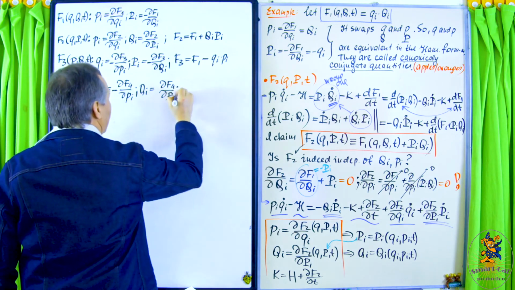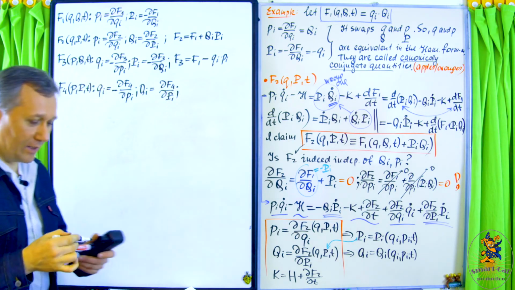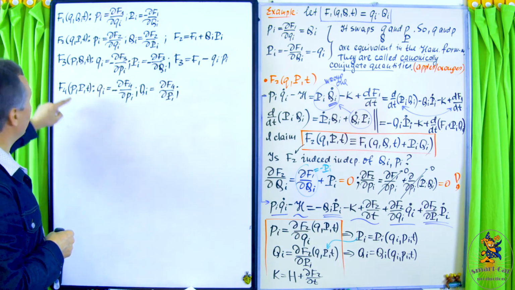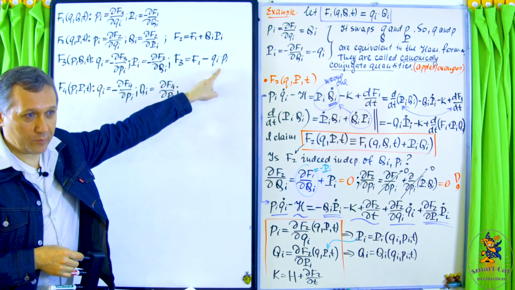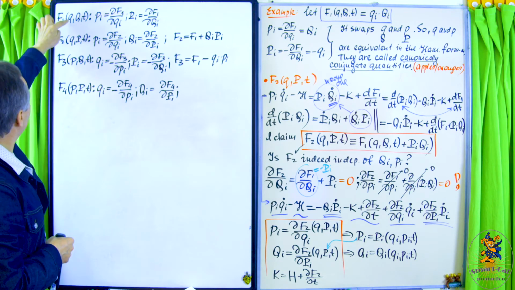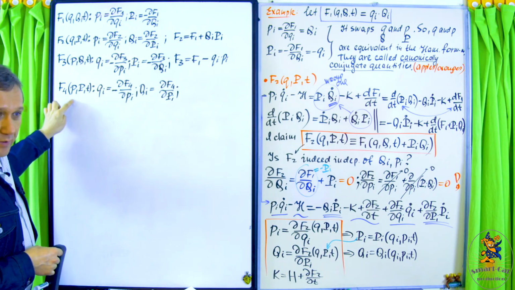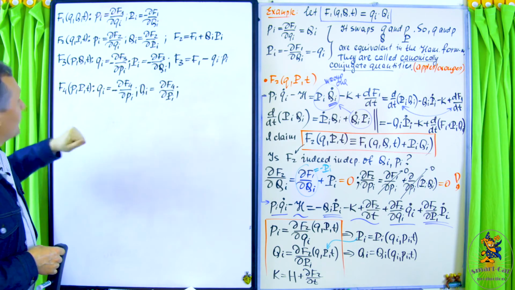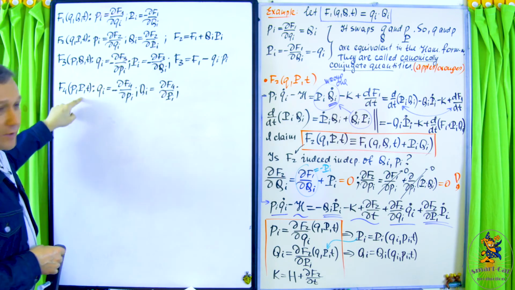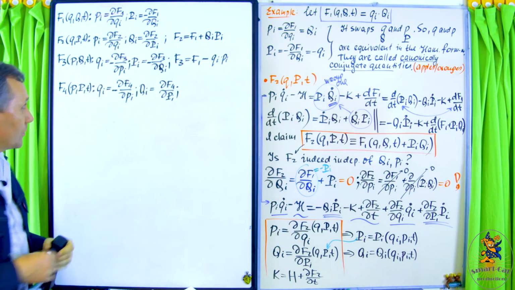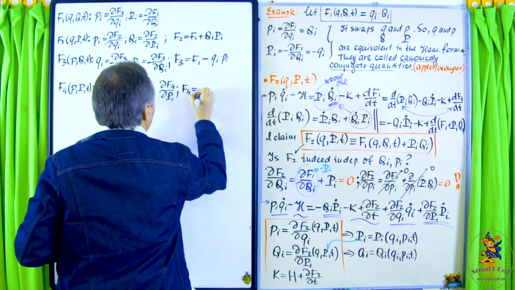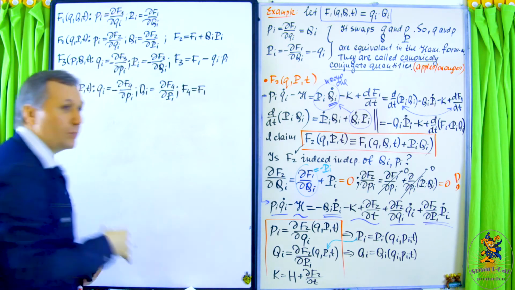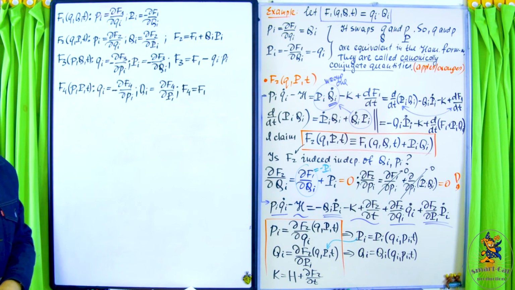And now, again, if we try to relate f1 with f4, there will be not just one term. Look, we need to get rid of q small and introduce p small, that's one term, and we need to get rid of q capital and introduce p capital, second term. So as a result, I can write that f4 equals f1, but again, pluses and minuses, every time I have to check my notes.